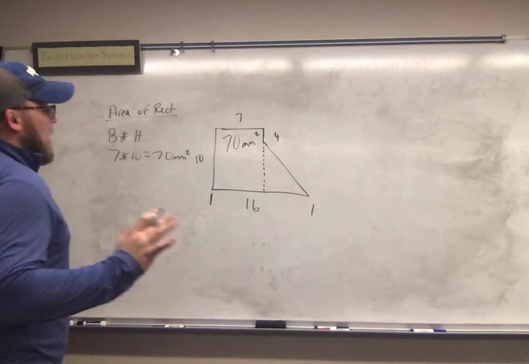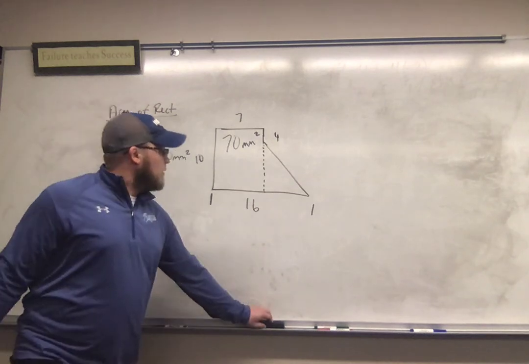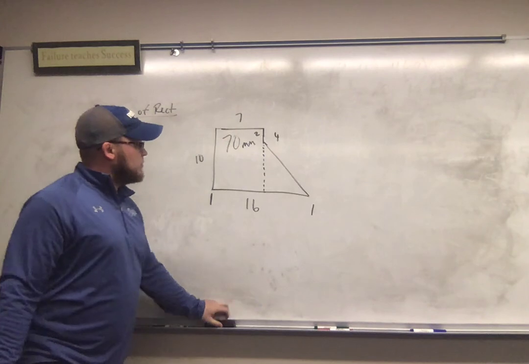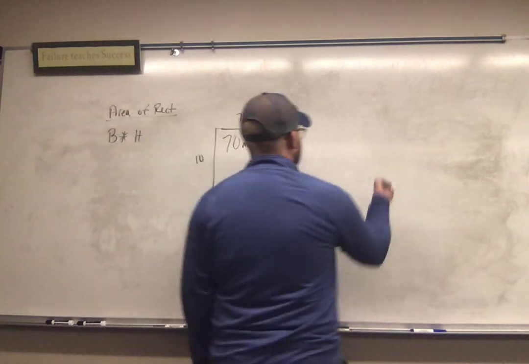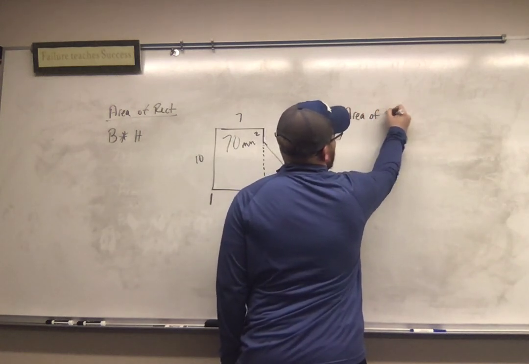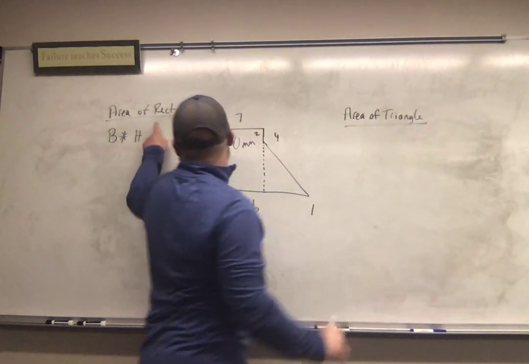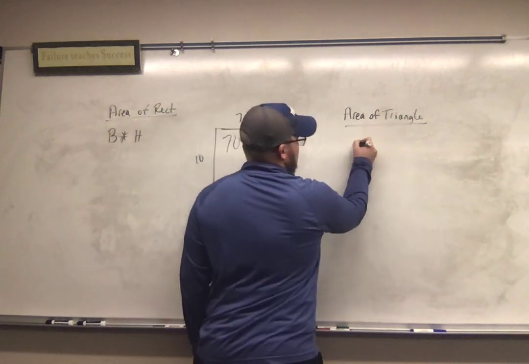Now we are going to do the triangle. We need to know the formula for the area of a triangle, which starts the exact same as the rectangle: you do base times height. Let's just start there.